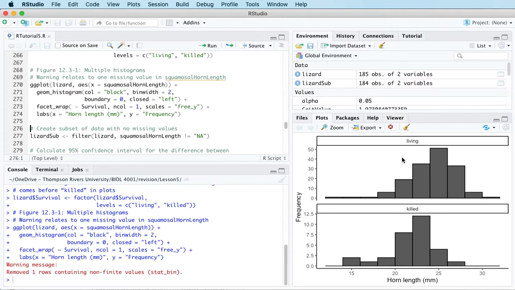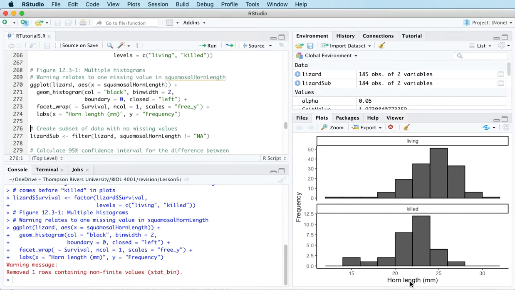Okay, so there's the distribution there. Looks relatively normal. And then the lizards that were killed by shrikes, the distribution of their horn lengths, it seems to be, in general, they seem to have shorter horns than the living lizards. So their distribution goes down from like 15 up to kind of 25, 26, 27, somewhere there.